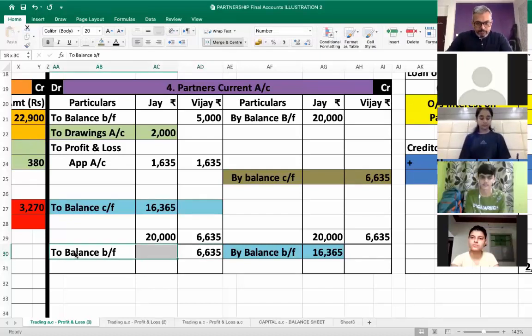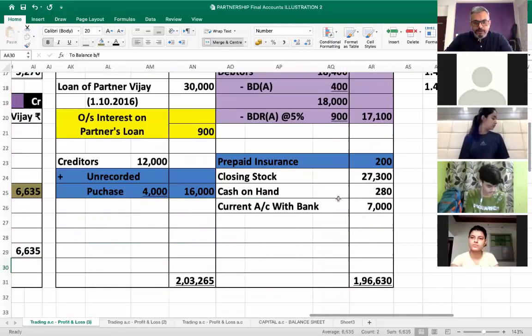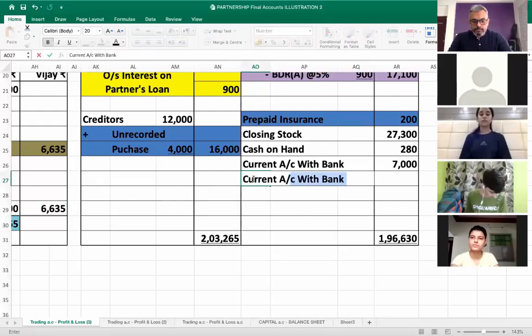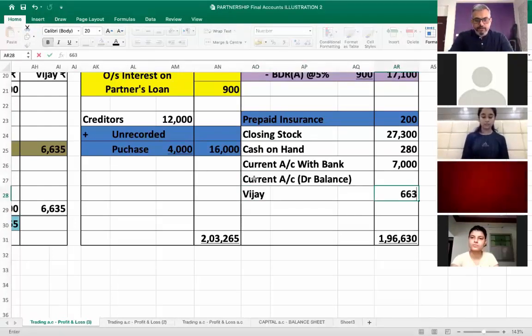6,635. Now this balance is a debit balance, okay, because debit side is more than the credit side. Now we transfer it to balance sheet assets. So current account, in the bracket debit balance of Vijay. We write the amount 6,635.